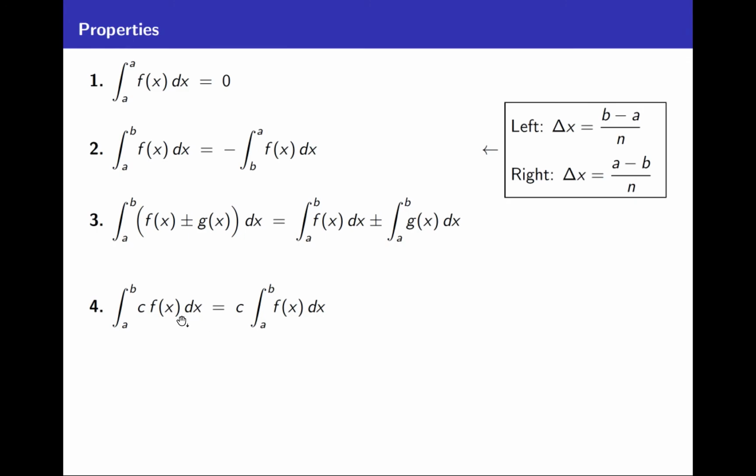And again, you can check this by working out the integral on the right as a limit of Riemann sums, and let that c factor out of the sigma and then out of the limit, and the next thing you know, you have c times the limit of the Riemann sums, which would be this integral.